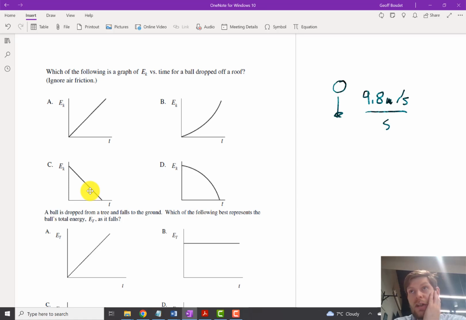After 3, it's 29.4, and so on. So your time axis is really just scaled by 9.8 to be velocity. So this may as well be velocity. And EK is basically like 1/2 m, so like constant stuff, times v squared.